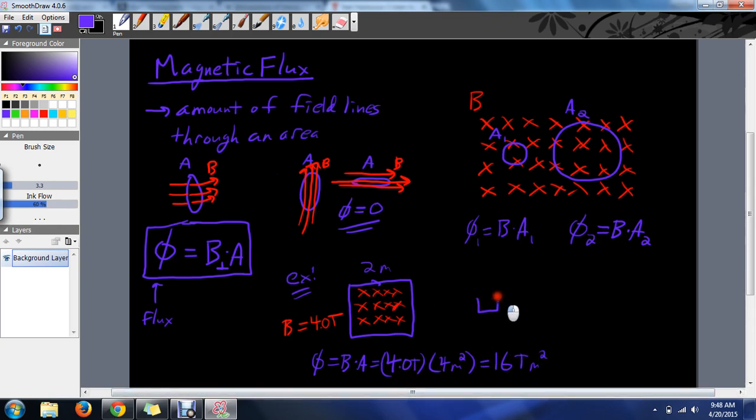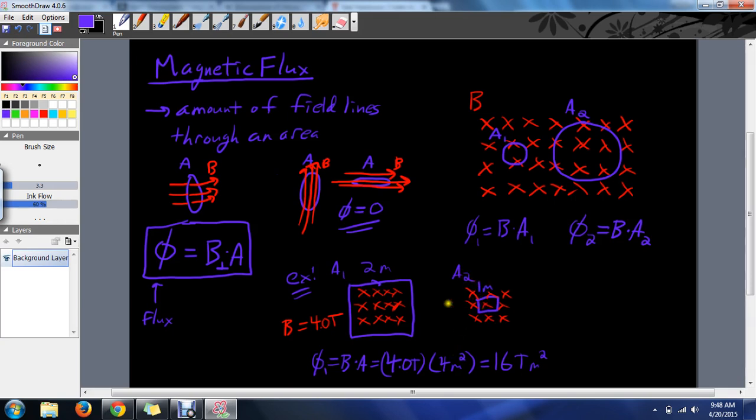If I were to reduce the side by a factor of 2, and I have the same field, what does that do to the flux? We'll call this flux 1, this is area 1, this is area 2.